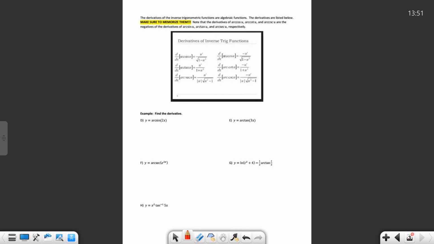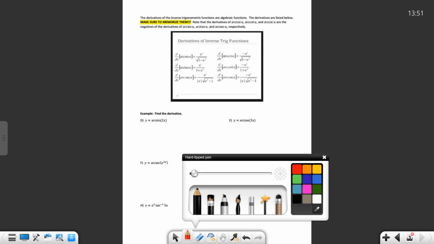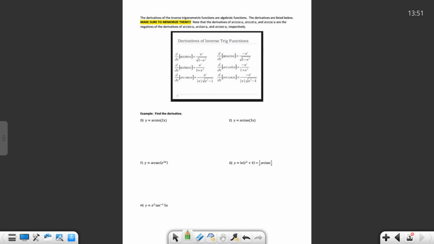I don't think I have enough room to work right underneath it, so I'll do my best and work over here. Alright, so D says I want y equals arc sine 2x, and I want that derivative. So we're going to use that derivative formula right there, which is u prime over the square root of 1 minus u squared.